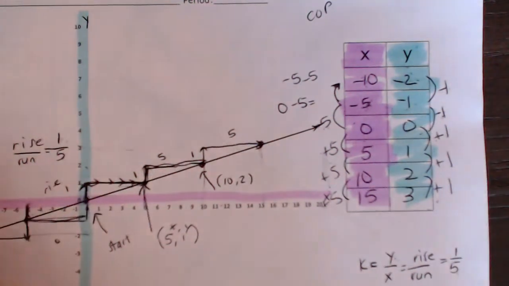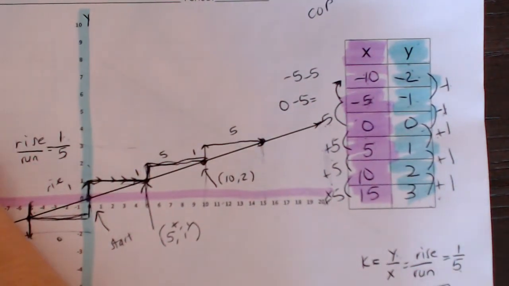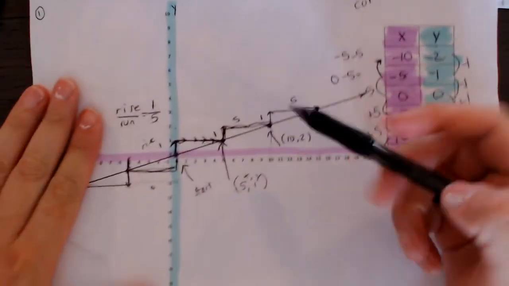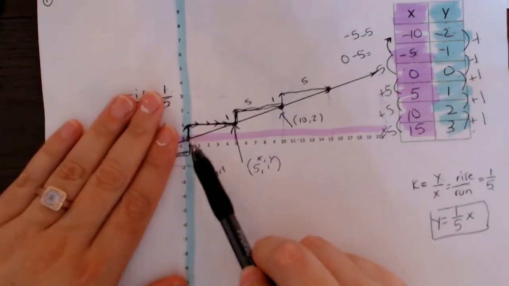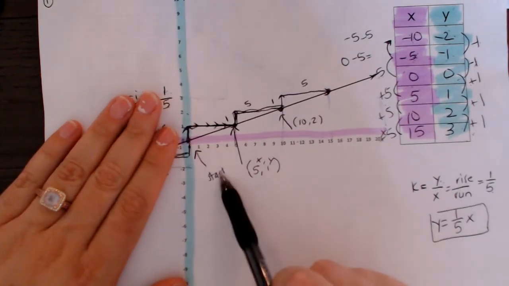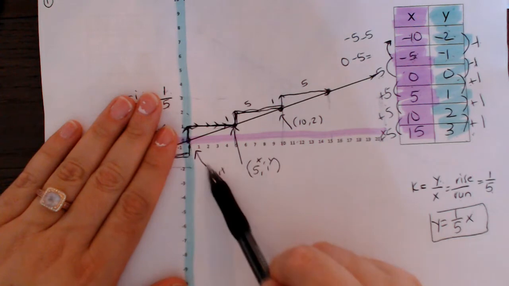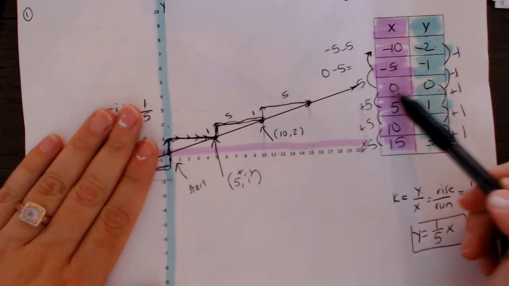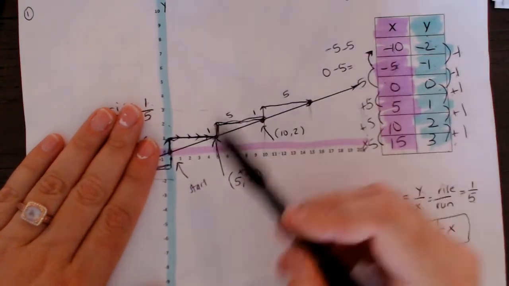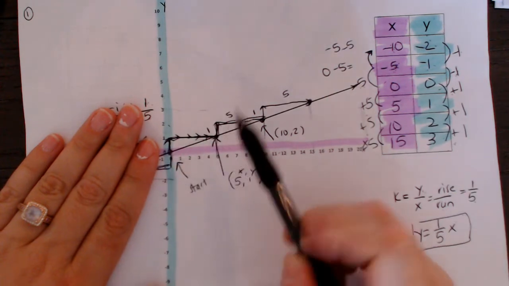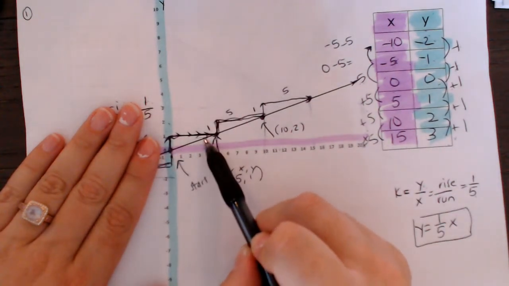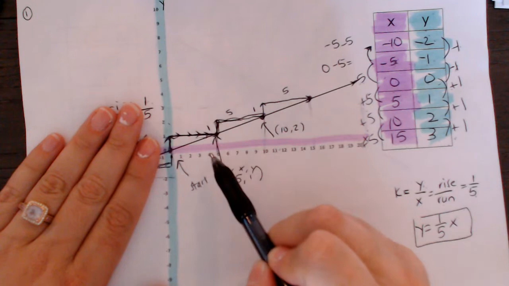So recap, what did I do? This is where you start. You plug this in here. This is where you start. You know it's the constant because it goes through the origin, which is 0, 0, right? You find your next point, which is where that line passes through that corner on the back of the graph.